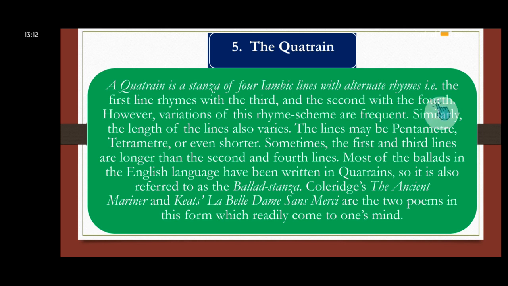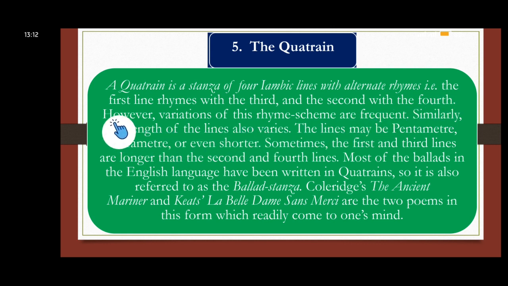But we don't have such strict rules that all the time we will have such a structure, that line 1 will rhyme with line 3 and line 2 will rhyme with line 4. Sometimes we will have variation, and such variations in quatrain are frequently found.